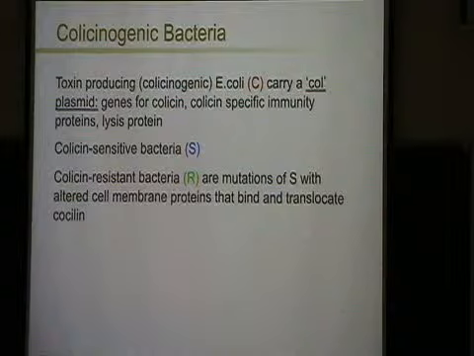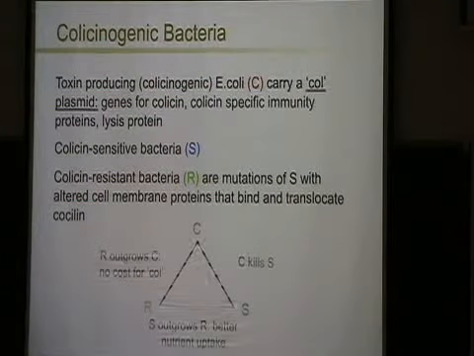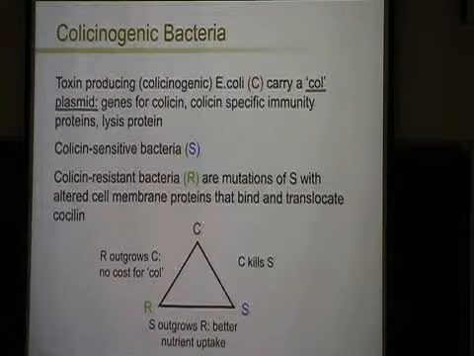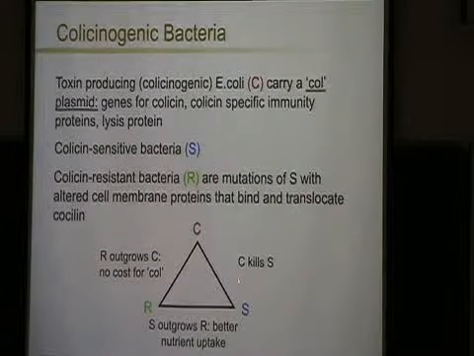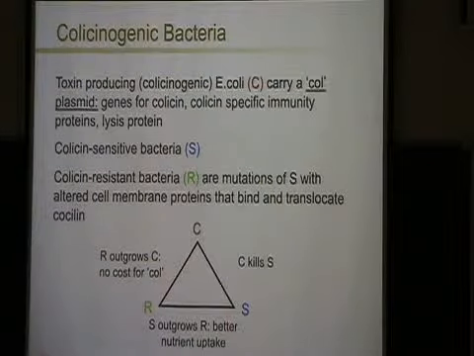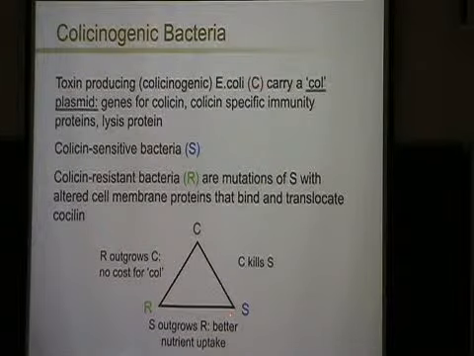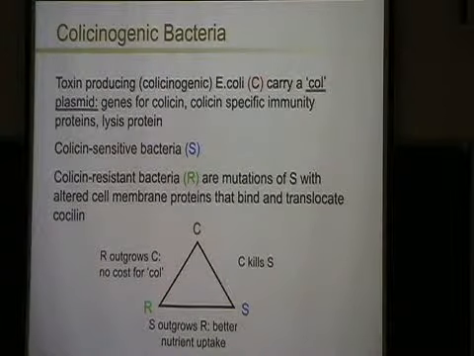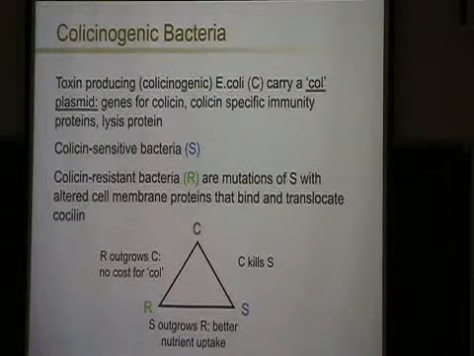And that together again gives a cyclic dominance as follows. The toxin-producing strain kills off the sensitive one. And as I said, the sensitive one outgrows the resistant strain, because the resistant strain is lacking the membrane protein, and that's why it's growing at a slower pace.